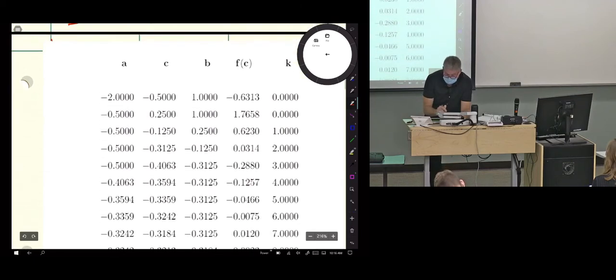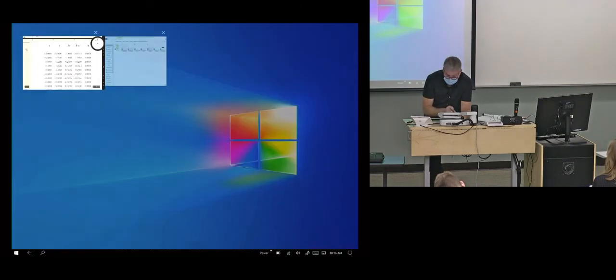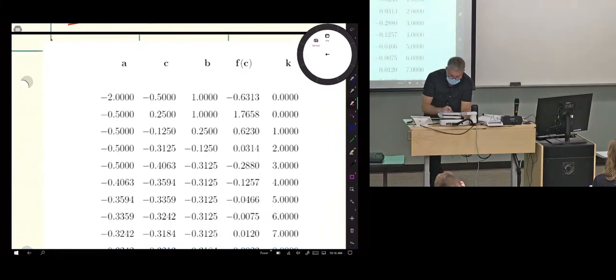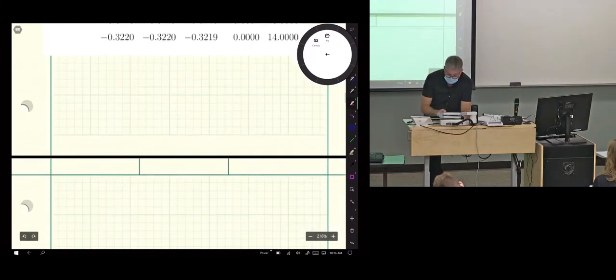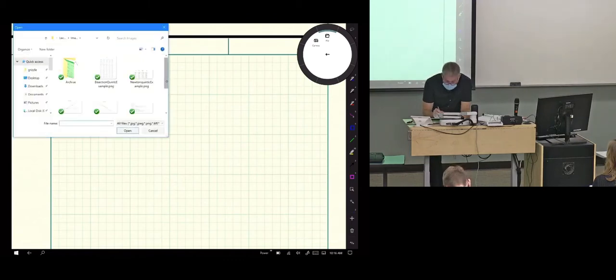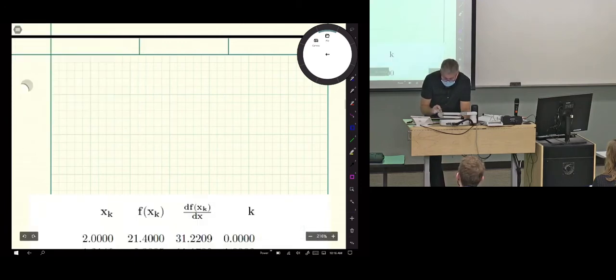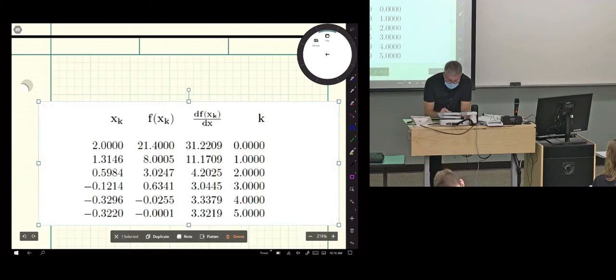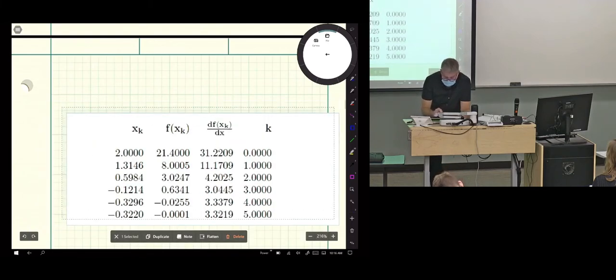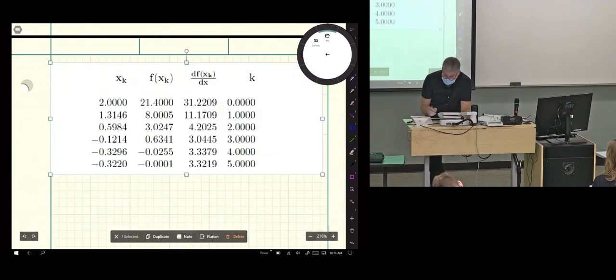Okay, we got our bracketing points, and then we do midpoints. Okay, maybe my laptop is unhappy with the time change. No, it's just the operator. And Newton, you can see that file is much smaller. Okay, 5 iterations with Newton, okay.